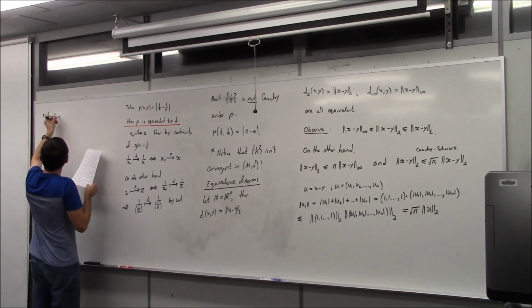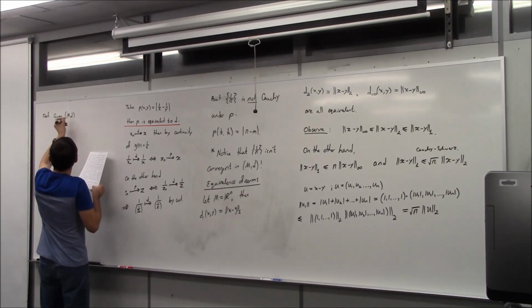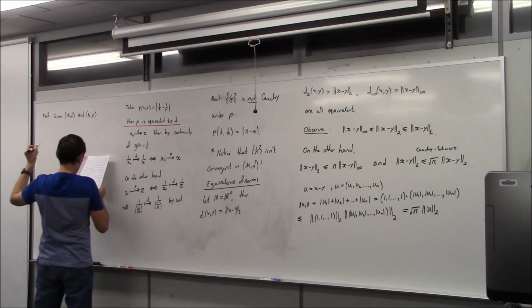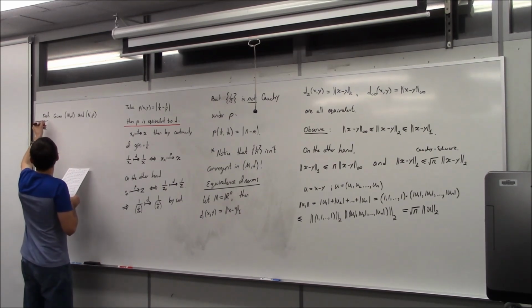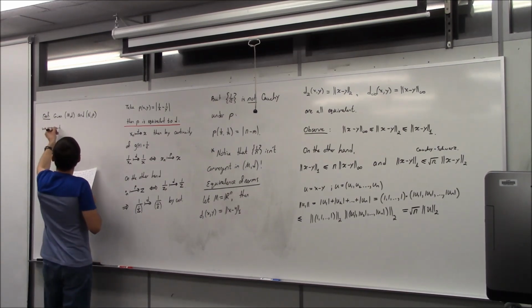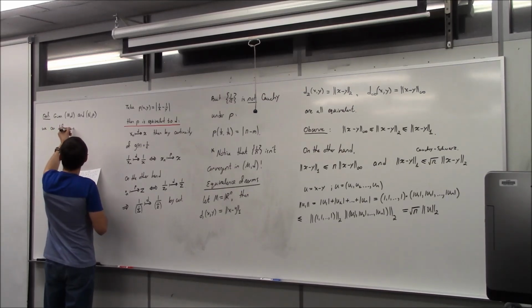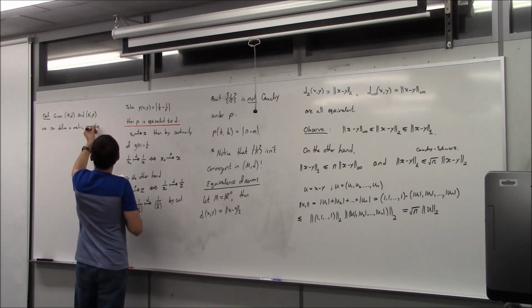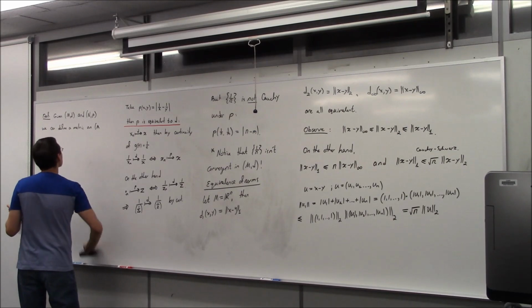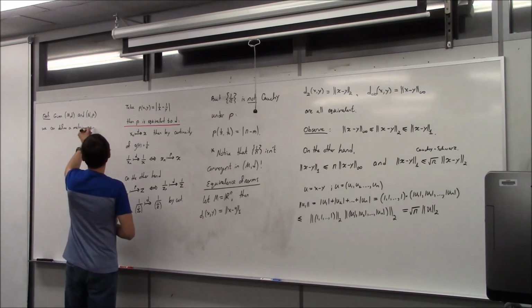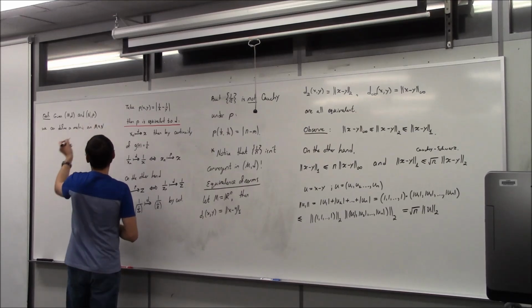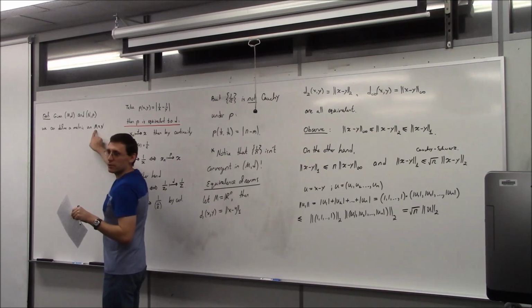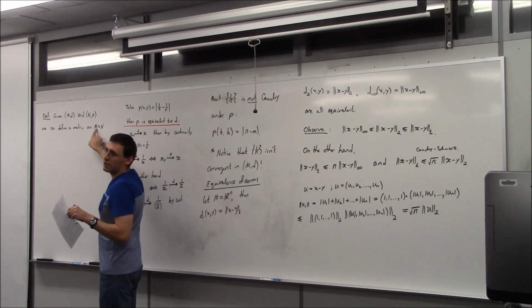Given metric spaces (M, d) and (N, rho), we can define a metric on the Cartesian product M cross N. You know what Cartesian product means. It means pairs of points. So if it's R and R, that's how you get R2.